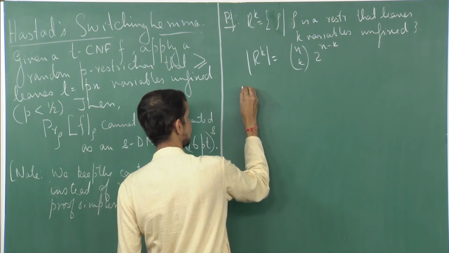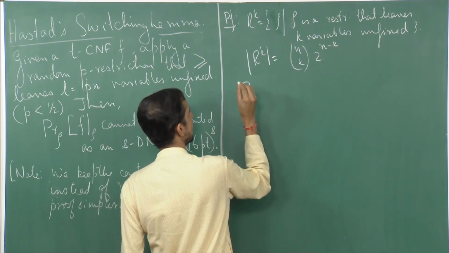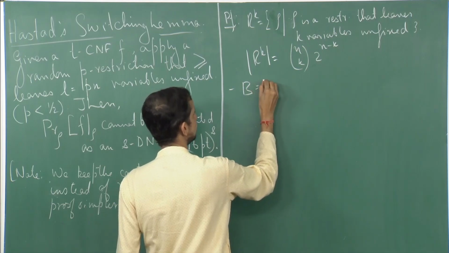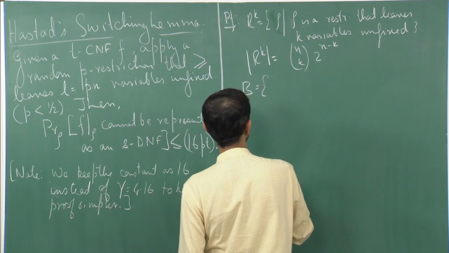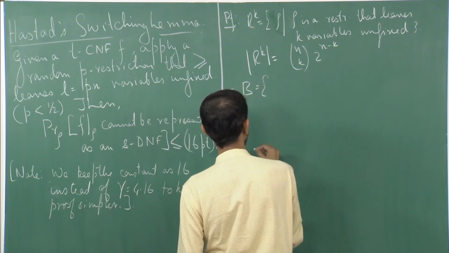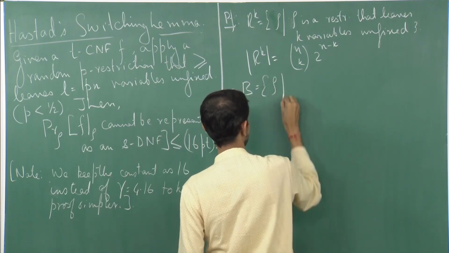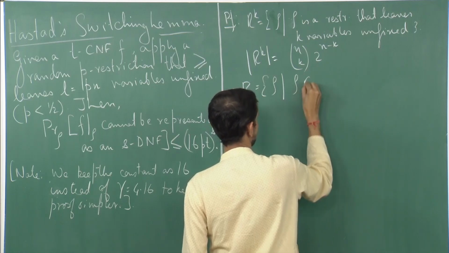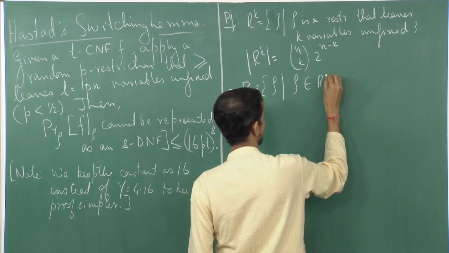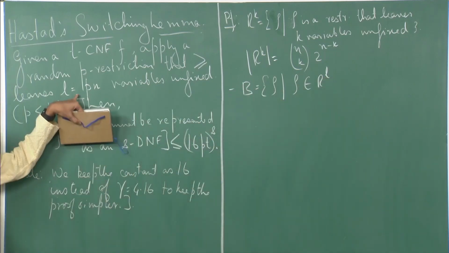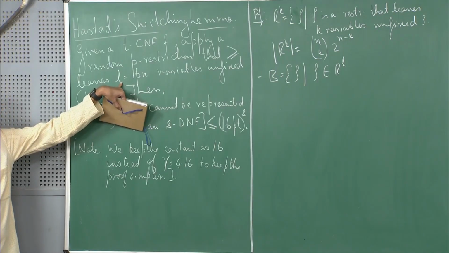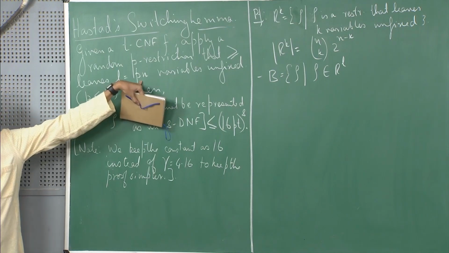Now we will define the set of bad restrictions. Let us call this set B. Okay, so B is a subset of R L over here: all restrictions rho such that rho belongs to R L. Just remember L is the number of variables that we are leaving unfixed in our lemma.